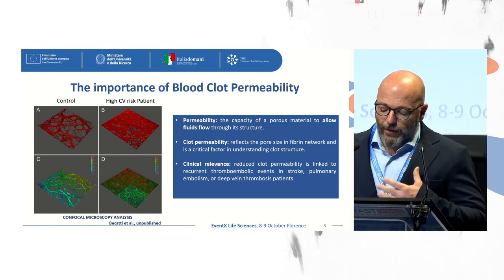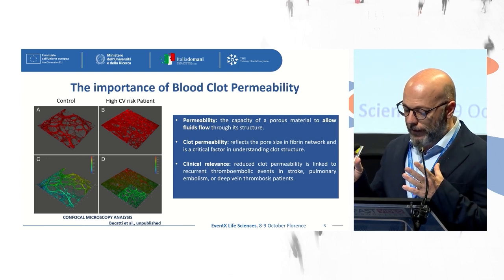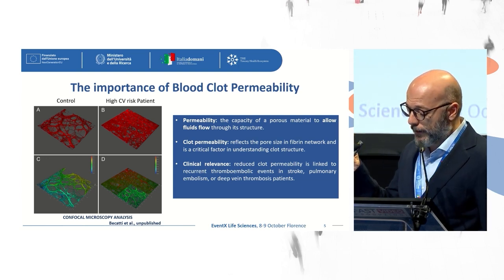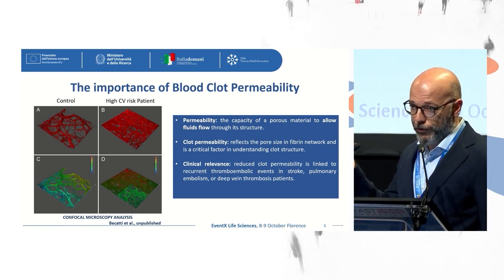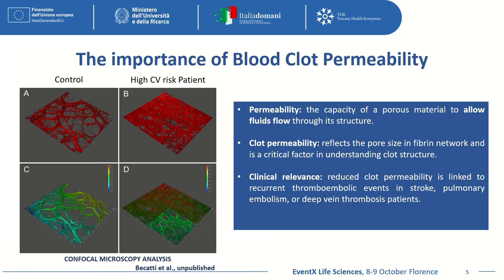Clot permeability reflects the pore size in the fibrin network and is a critical factor in understanding clot structure. Reduced clot permeability is linked to recurrent thrombotic events in stroke, pulmonary embolism, or deep vein thrombosis patients.